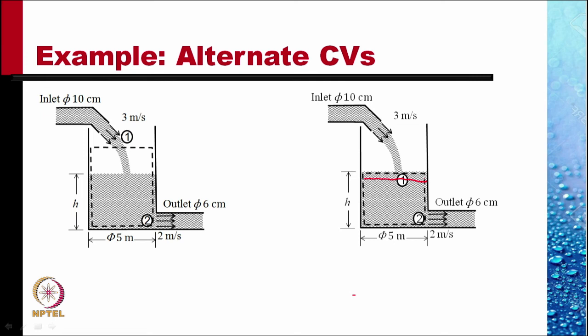As more and more water accumulates in this tank, this part of the control surface would move. The control volume would expand. Can we apply the mass equation to this control volume?